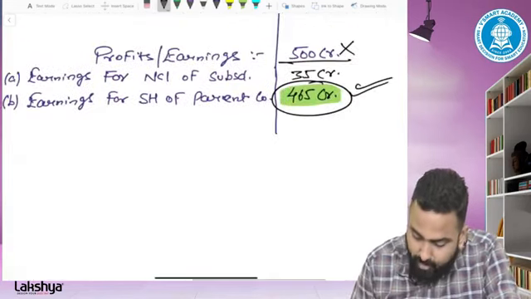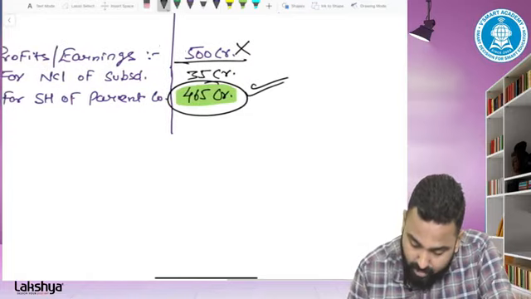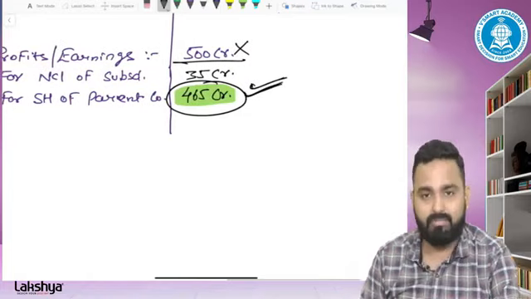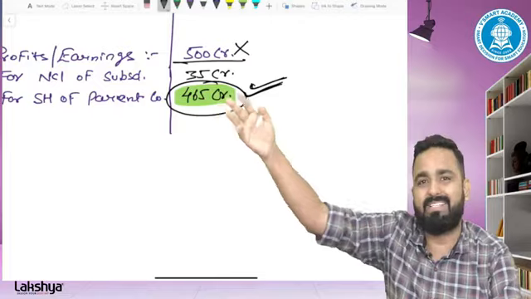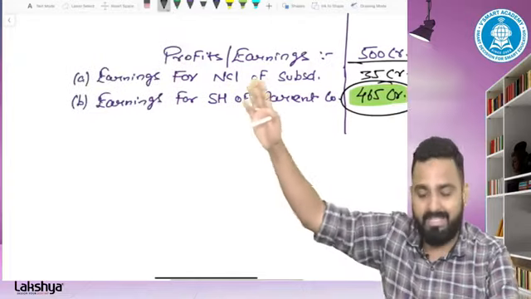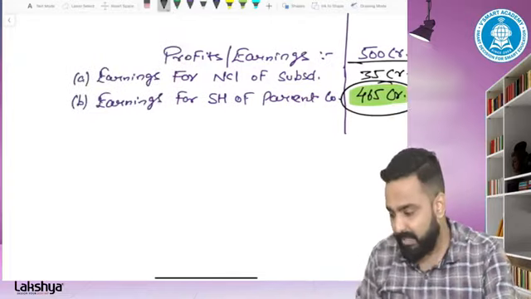So whenever we calculate the EPS, we take into account this 465 crore. 465 is from my example. That means we take earnings for shareholders of parent company.